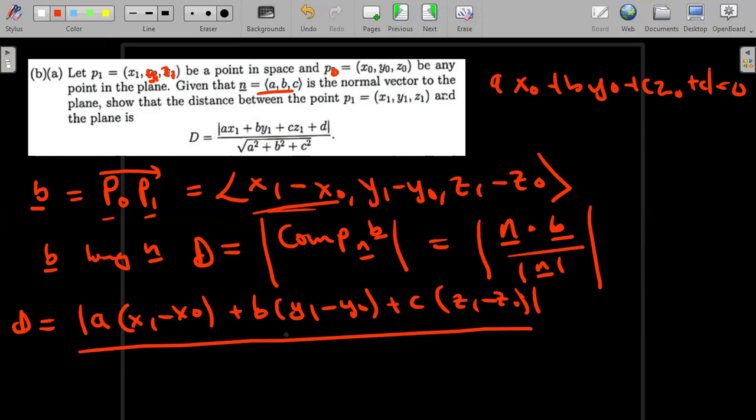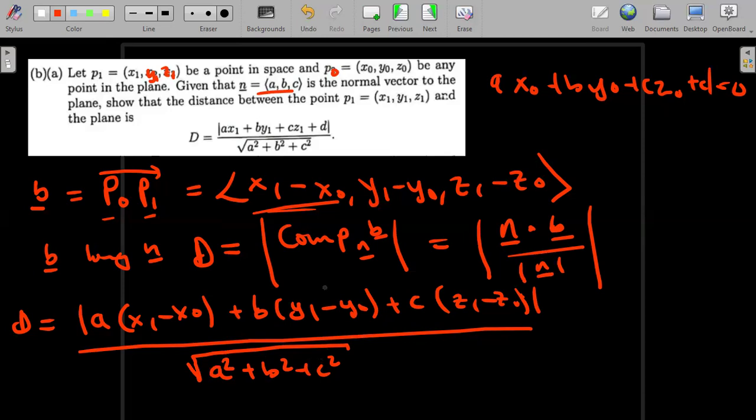The magnitude is just the magnitude of the normal vector. So each component, you just square it: a squared plus b squared plus c squared. This is what you're going to get.